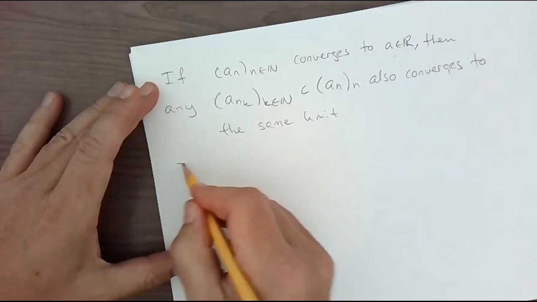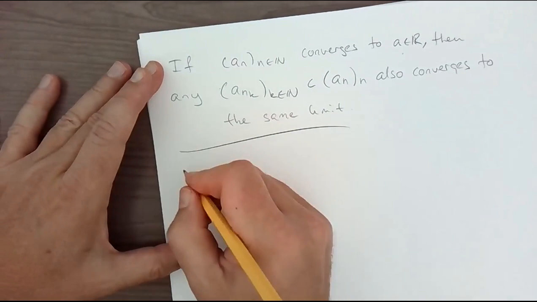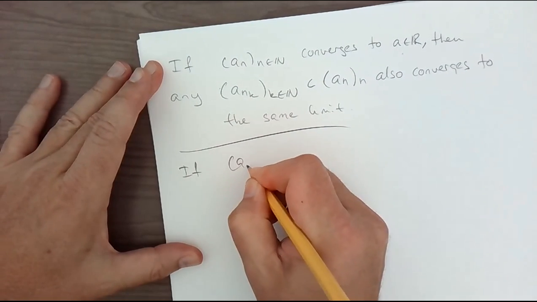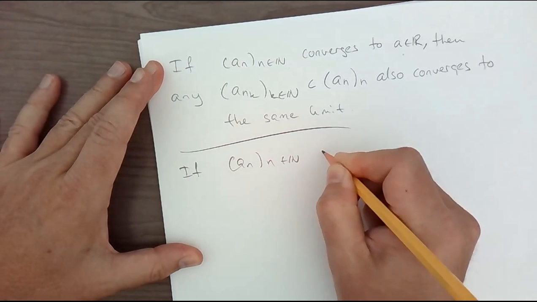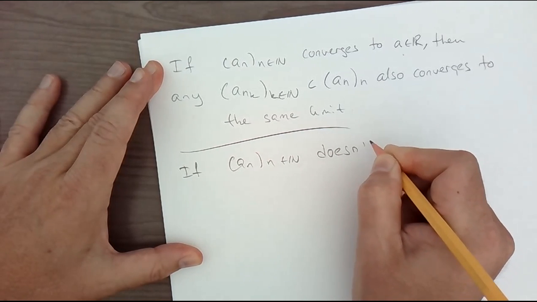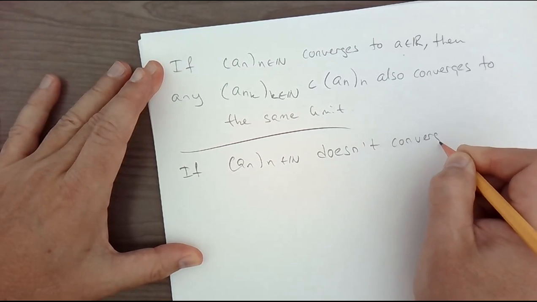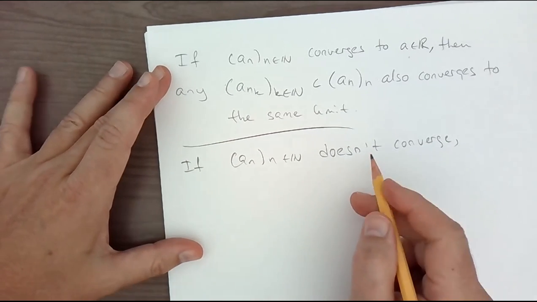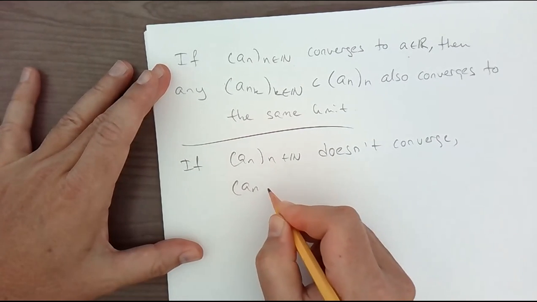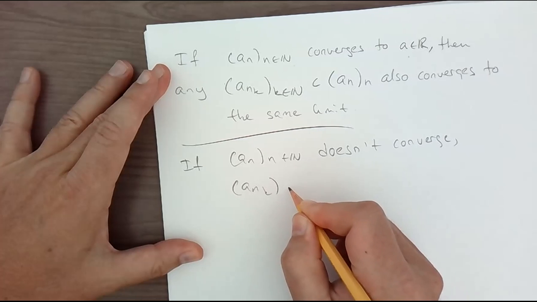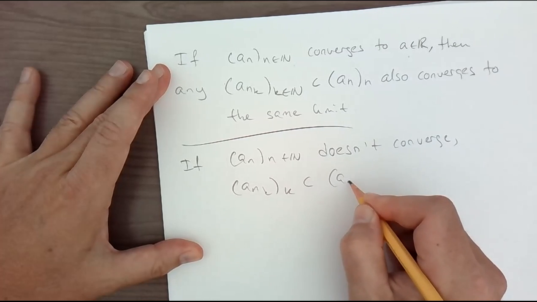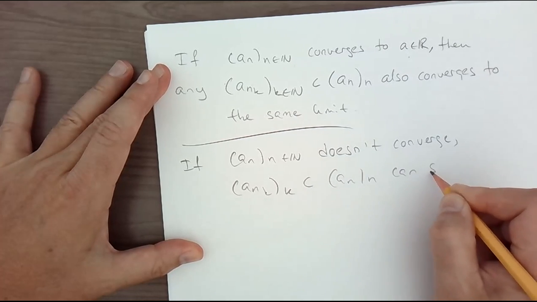It's the other way around: if a_n doesn't converge, a_{n_k}, which is inside a_n, can still converge.